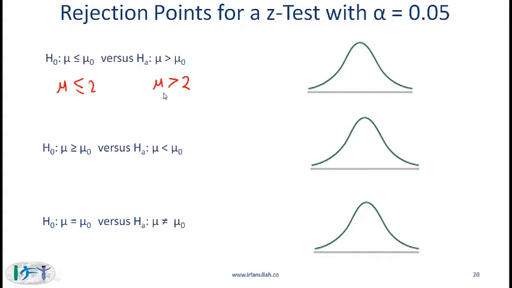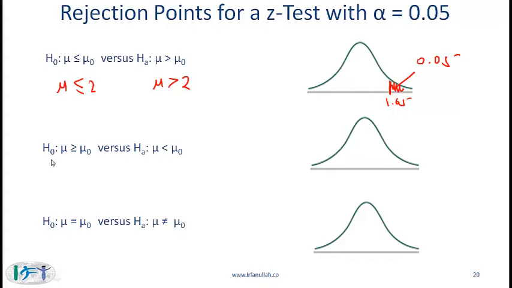Now, in this situation where the alternate sign points to the right, that means that we are going to deal with the right tail. Here, the area in the right tail is 0.05, and if you look up your Z distribution, the critical value will be plus 1.65.